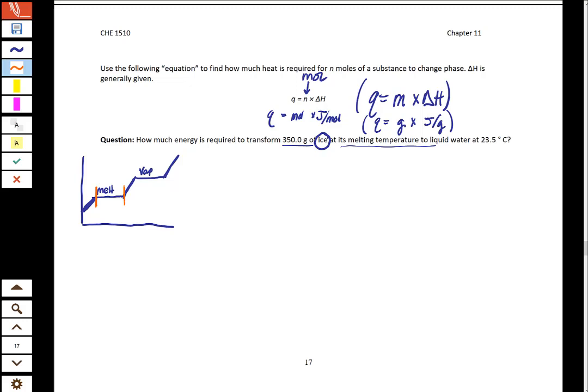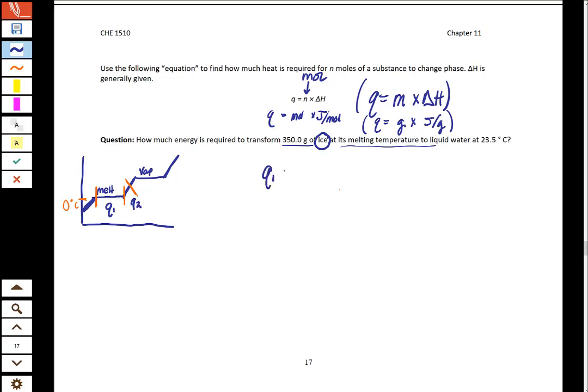Once we get the ice into liquid at the melting temperature, then we're going to heat it up to that 23.5 degrees. And so you just need a gentle reminder that ice has a melting point of 0 degrees Celsius. And so we're going to use two different equations here. This is going to be Q1 and this section is going to be Q2.